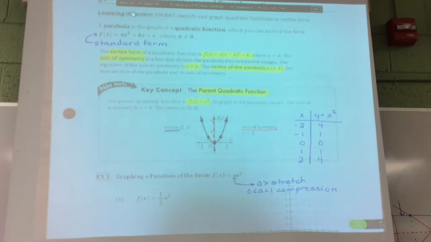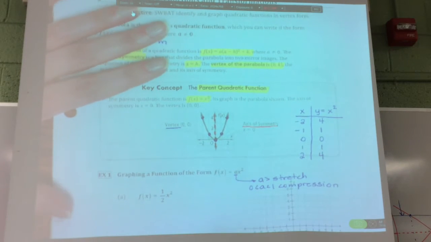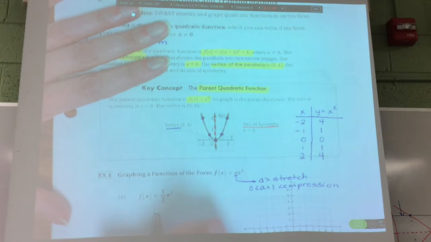Okay, it's all good. So here's what we know. This function is going to have the same basic shape. We don't have any vertical or horizontal translations. This is going to still have its vertex at 0, 0. But at this point, we haven't really learned a lot about the translations. So I'm going to do just a little bit of making a table.